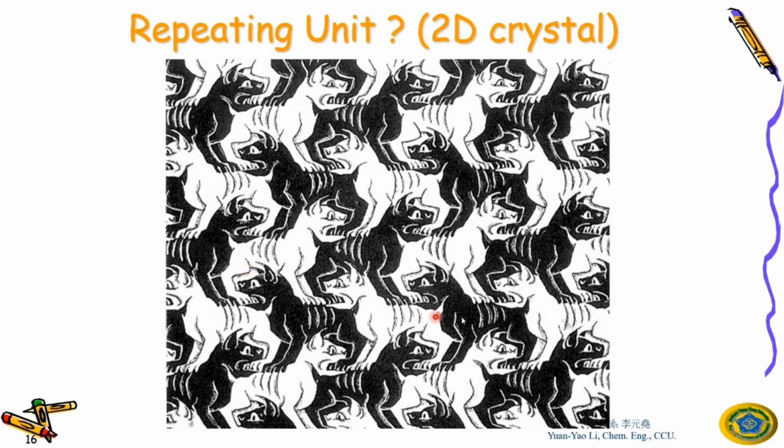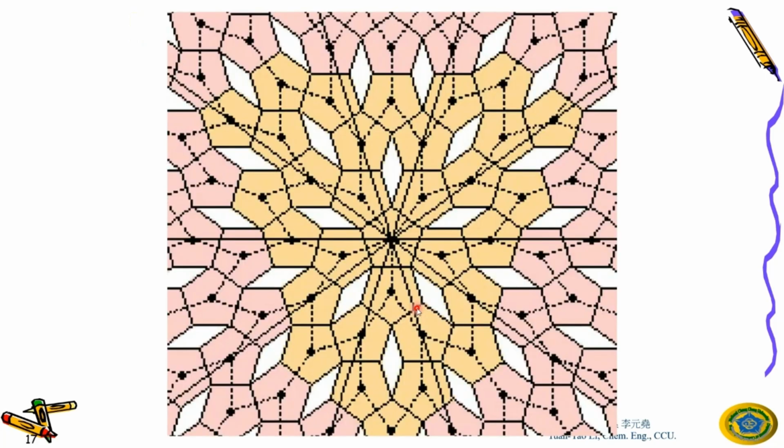It can be something like this, as long as you can repeat. Okay, you can have a repeat unit. How about this one? I want you to find this repeat unit so you know the meaning of the unit cell.